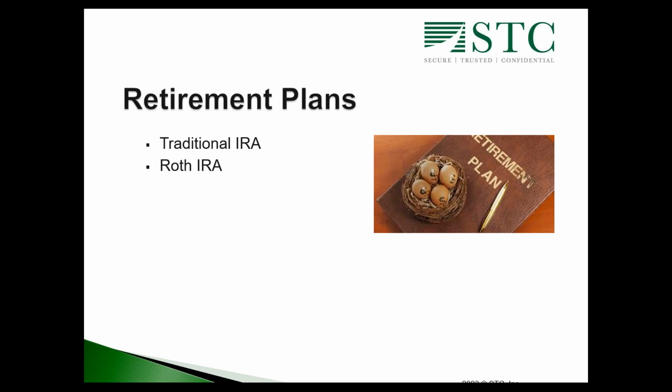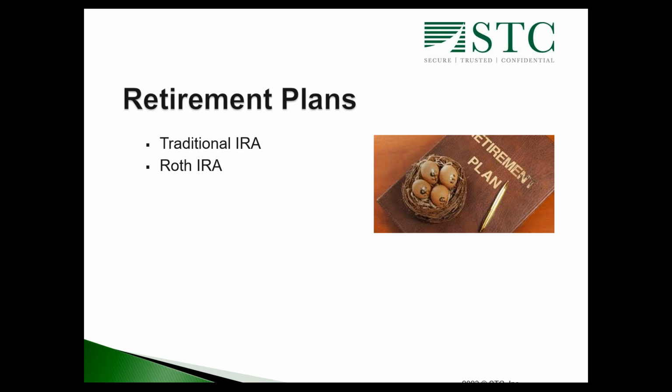Now, for 2023, the maximum contributions have increased. So for earnings in 2023, you can contribute $6,500 plus a $1,000 catch-up contribution if you're 50 years or older, for a maximum of $7,500.